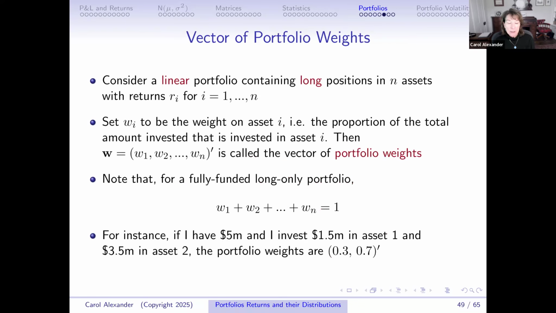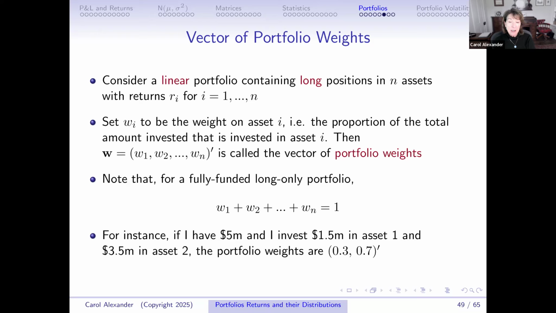So how do we calculate portfolio weights? What do they look like? Suppose we've just got long positions, just to keep things simple, and you've got n assets with returns R1, R2, R3, up to Rn. And it's a linear portfolio. In other words, the portfolio is just a linear function of these positions. In particular, you can define it in terms of the weights on each asset, the proportion of the total amount invested in that asset.